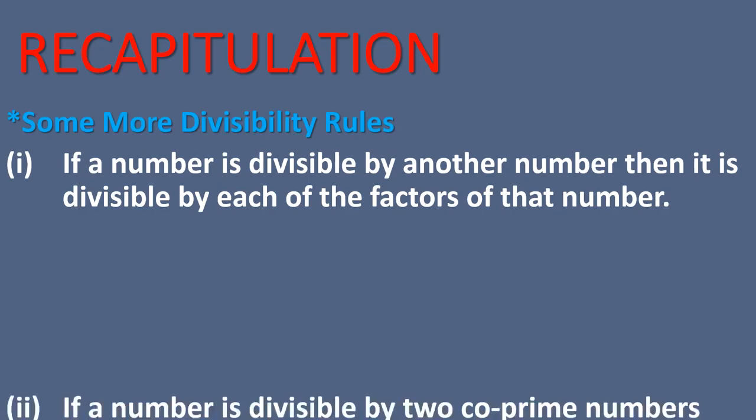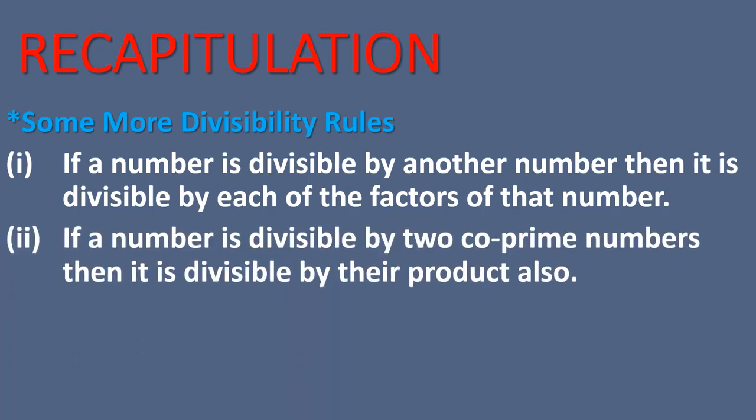Second divisibility rule is, if a number is divisible by two co-prime numbers, then it is divisible by their product also.